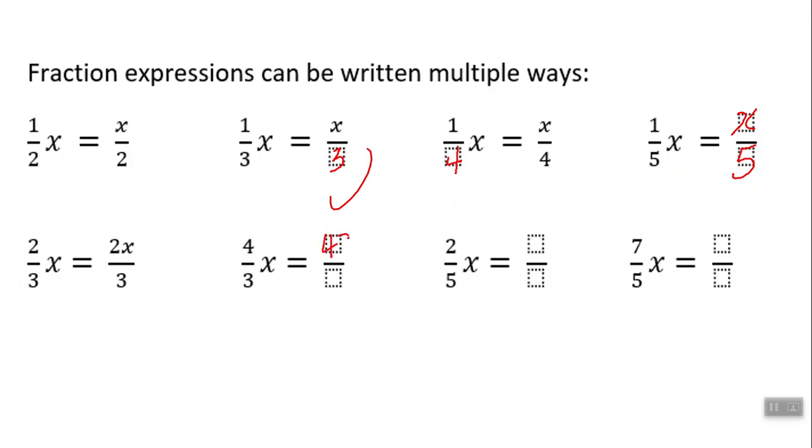You have the 4x here and 3 at the bottom. And 2/5 x is 2x over 5. Same. 7/5 x is the same as 7x over 5. So you should know these are the same thing.